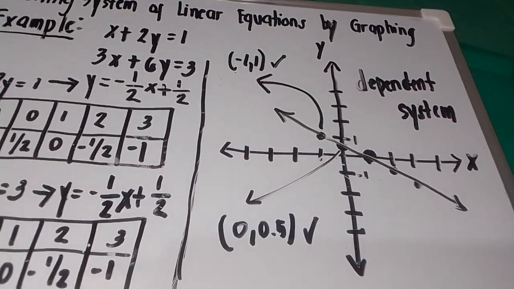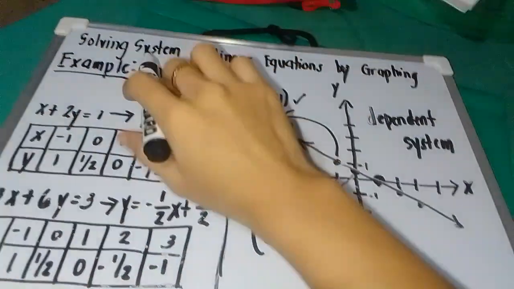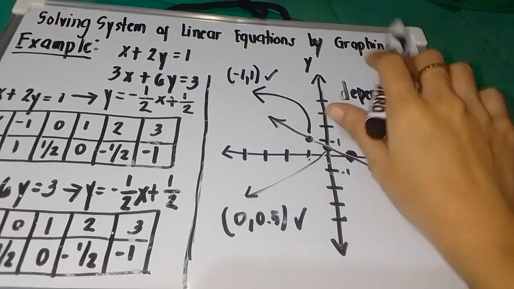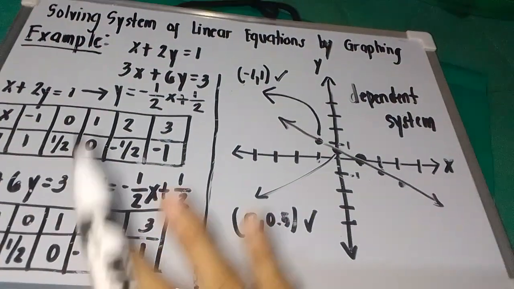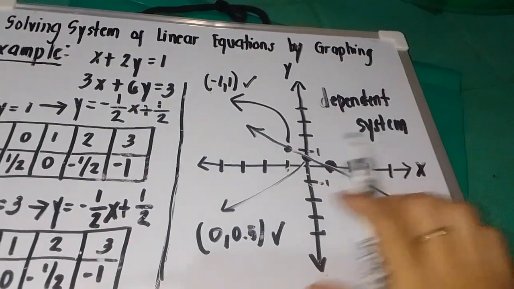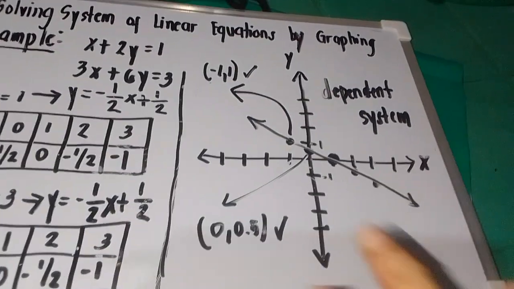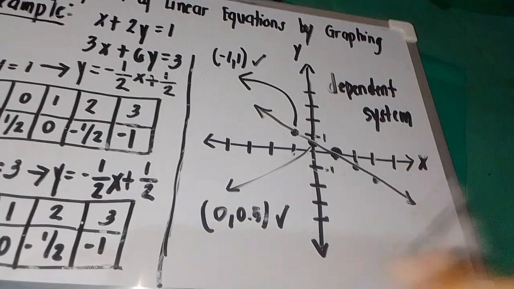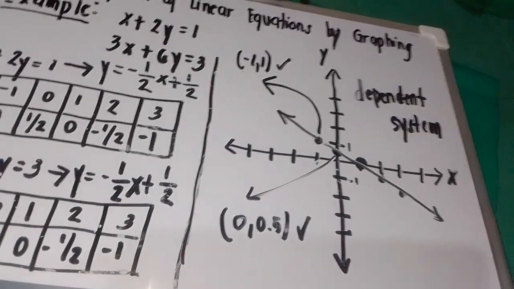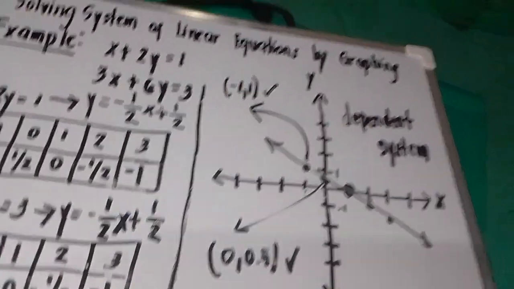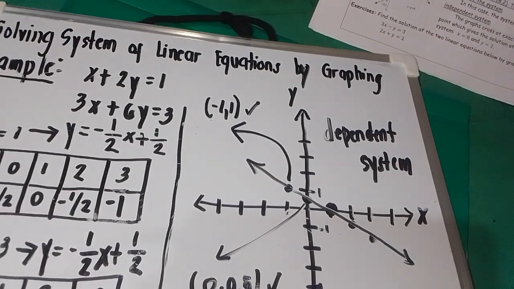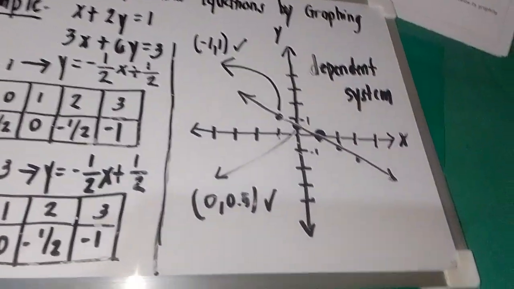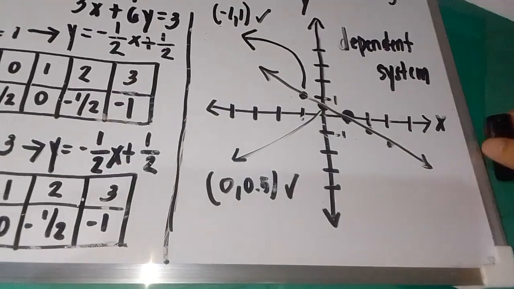So, nga na ang pag-solve sa system of linear equations by graphing. Kini siya nga case mo na gitawag na itong dependent system. Your two linear graphs is nagsapaw. Unang coincide, gitawag na itong dependent system. Ang part 1, ang tawag adto is independent system, intersecting lines.